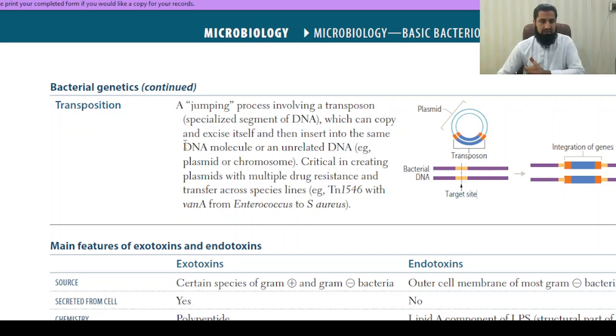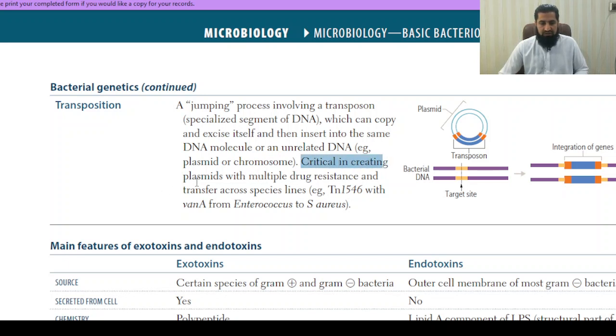So this is a jumping process. A transposon is a specialized segment of DNA which can copy and excise itself and then insert into the same DNA molecule or an unrelated DNA. Examples are plasmids and chromosomes.